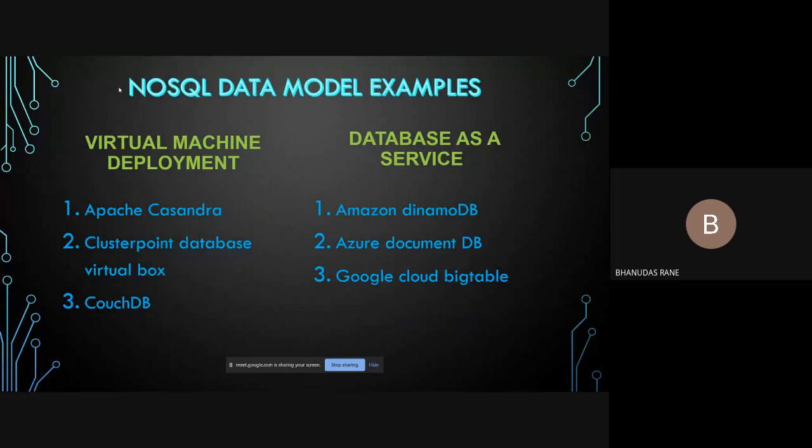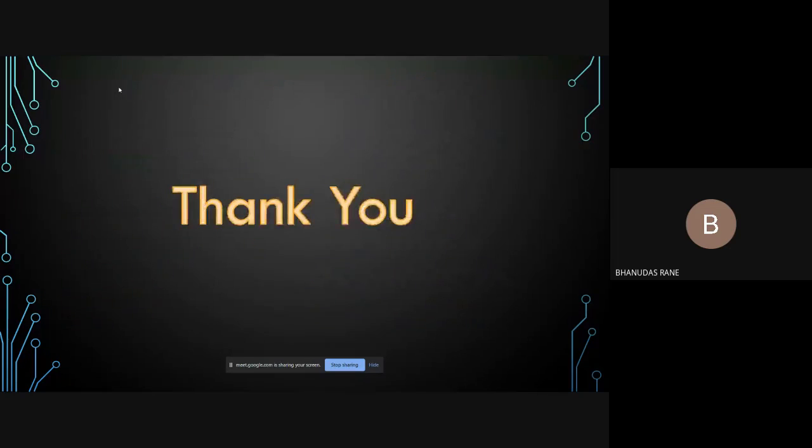And if we use a NoSQL database with the database as a service deployment method, then first is Amazon DynamoDB, second is Azure DocumentDB, and third is Google Cloud Bigtable. These are the three NoSQL databases available to us. So thank you. This is from my side.